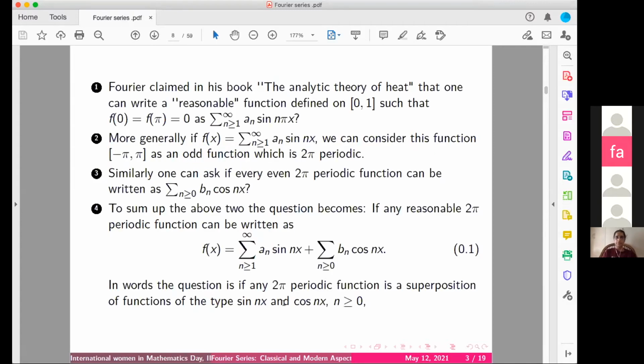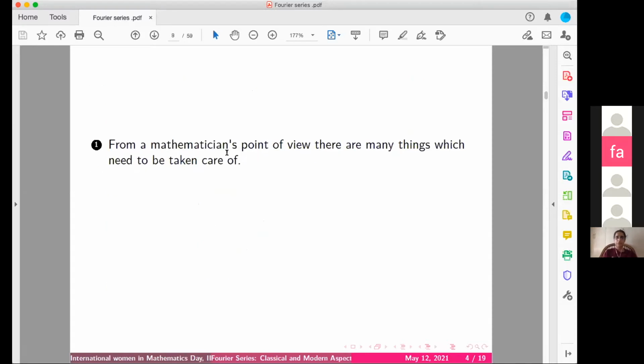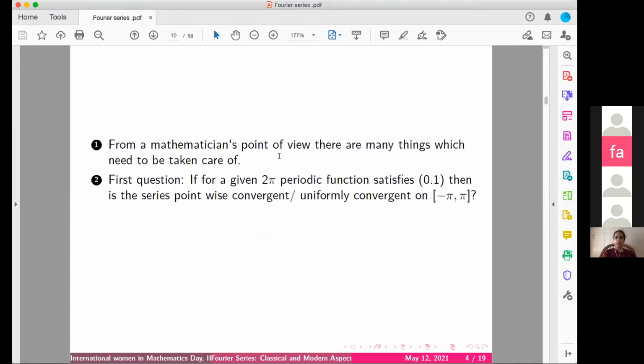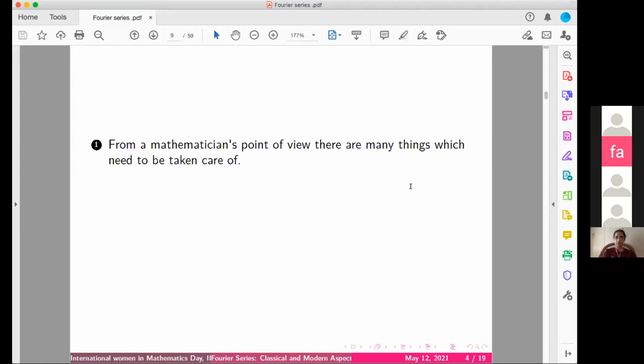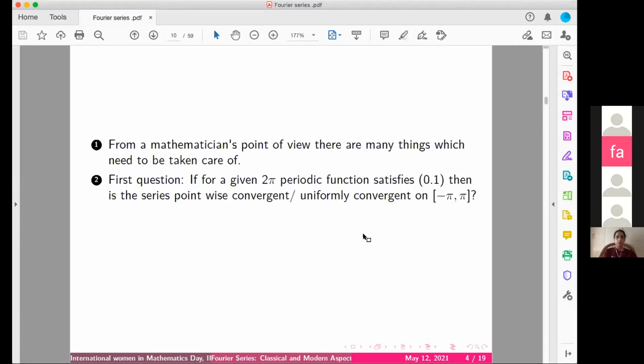So you see, just posing this question is easy, but to make sense of it mathematically is not simple, because from a mathematician's point of view, there are many things to be taken care of. The first question is, for a given 2 pi periodic function satisfying this equation which I have written here, how does the series converge?